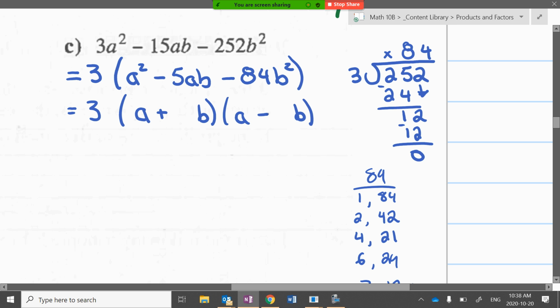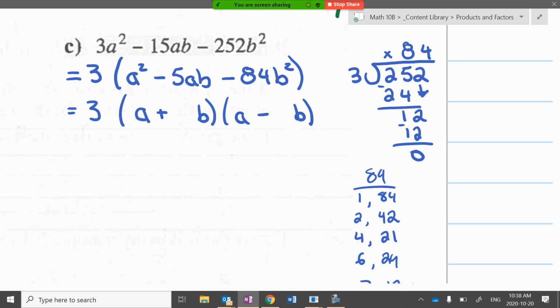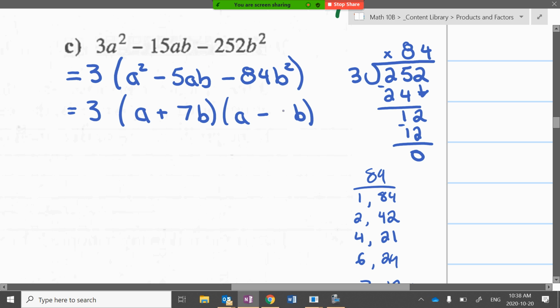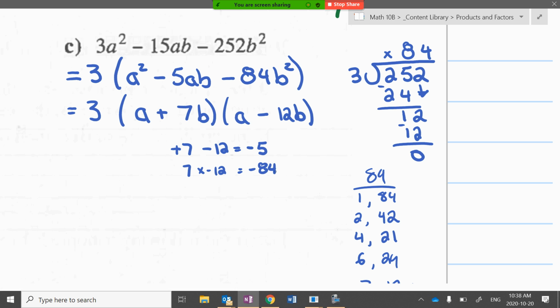I need negative 5. Good. 7b and minus 12, because positive 7 minus 12 gives us our negative 5. 7 times minus 12 gives us our negative 84. Will we be getting this low from numbers on the actual test? Yes, you should know your 12 times tables.